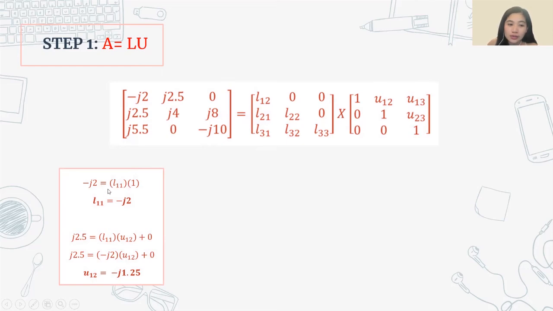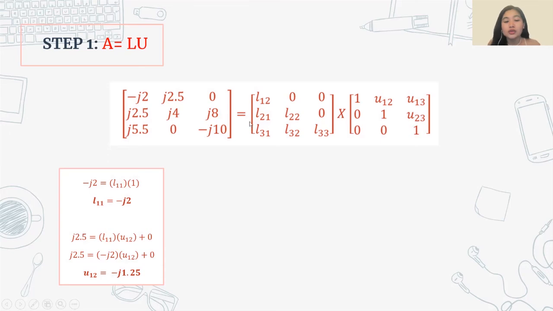So negative J2 equals our L11 times 1. Basically, our L11 will be equivalent to negative J2. So ang next value na isosolve natin is U12. Itong U12 natin, as you can see, kapag i-reflect natin dun sa kabilang matrix dun sa left side before our equal sign, is that it is J2.5.